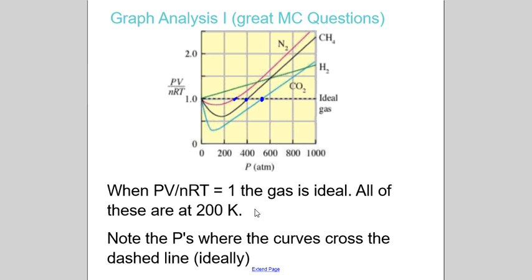If this is true, then the gas is ideal. All of these gases are at 200 K. Note that the pressures where the curve crosses the dashed line are the ideal points. So the times that these gases act ideal are right here, at this point right here.